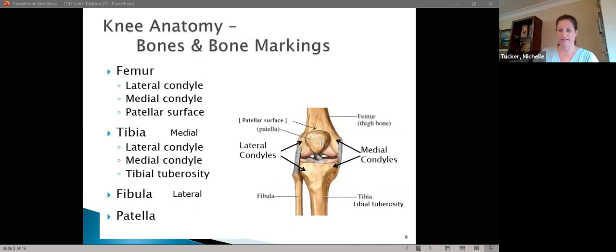And then the patella, your kneecap, makes up that 4th bone. The patella is going to slide along that patellar surface. So the 4 bones of the knee joint are the femur, the tibia, the fibula indirectly, and then the patella.